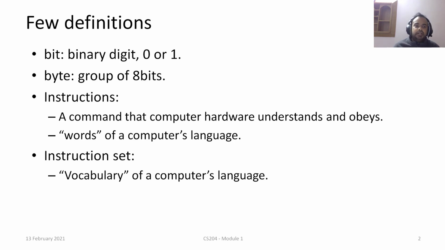The instruction set can be interpreted as vocabulary of a computer's language. It will give us some set of rules and guidelines, what's possible, what's not possible, how we need to write the instructions so that the computer would understand it.